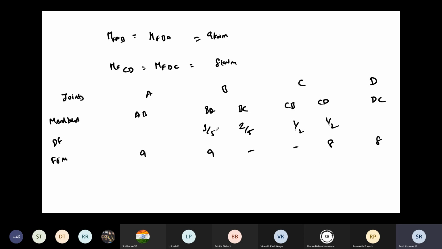Now again at the joint, 9 kN-m is a huge difference. It's an unbalanced moment. What do we have to do? We have to balance. So when you are balancing, minus 5.4, minus 3.6. Again here at joint D, the unbalanced moment is 8. So minus 4, minus 4. Then after balancing, you have to do carry over.